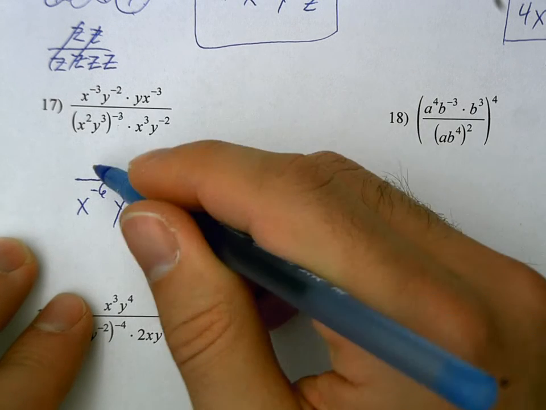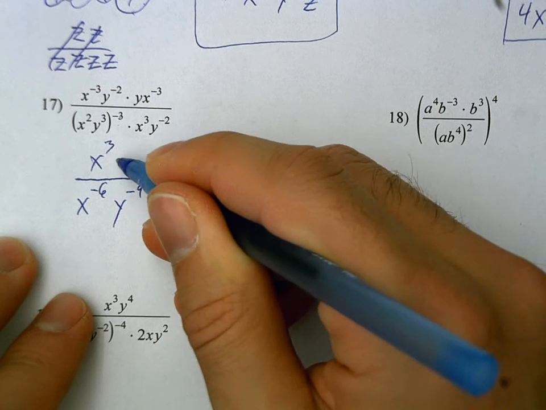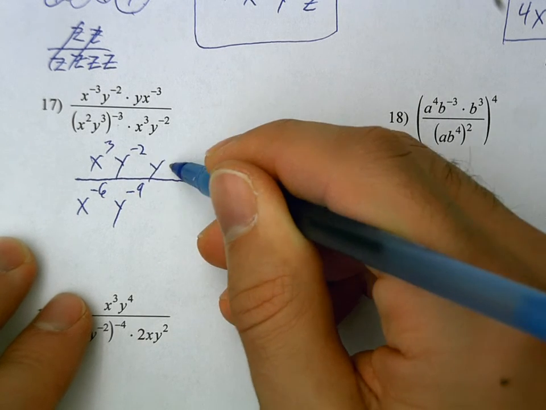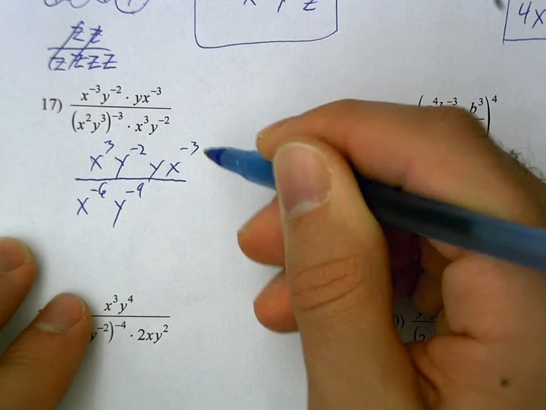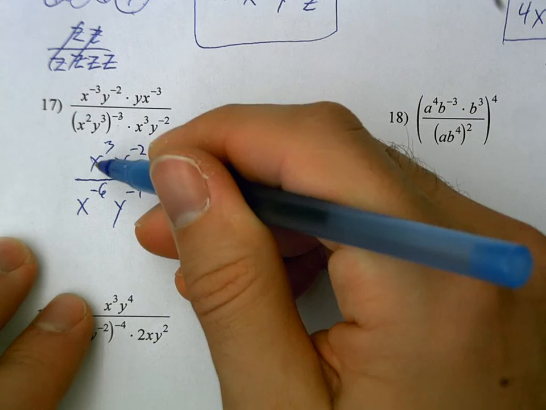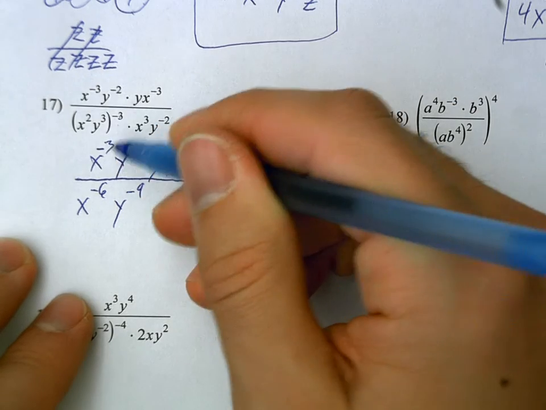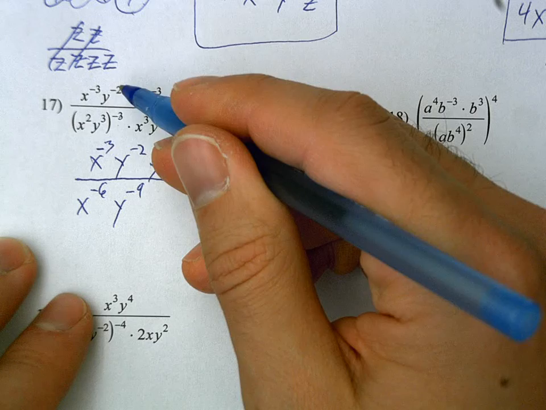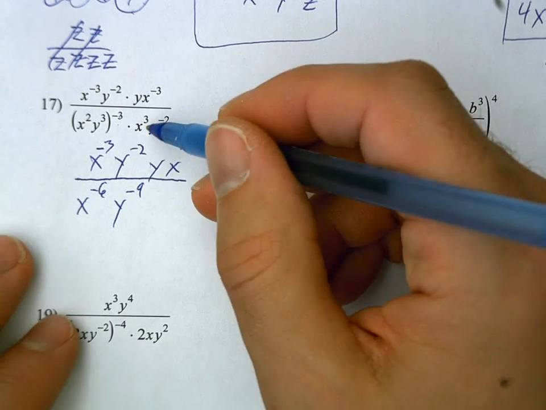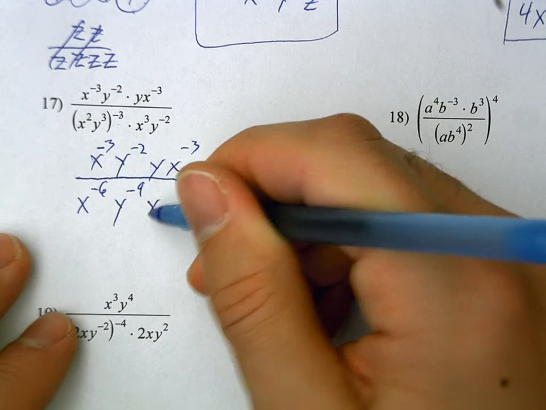We still have an x to the 3rd, y to the negative 2, y, x to the negative 3rd. Oops, I didn't write the negative on that one. Everybody make sure you put that negative on there. x to the negative 3rd, y to the negative 2, y, x to the negative 3rd. And on the bottom, x to the 3rd, y to the negative 2.